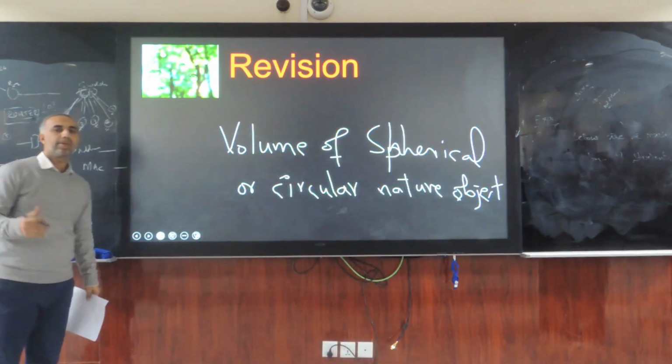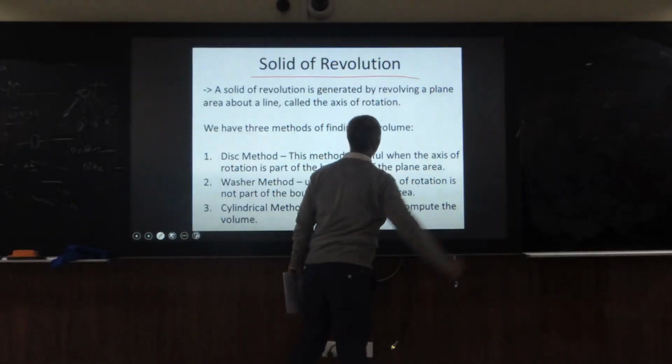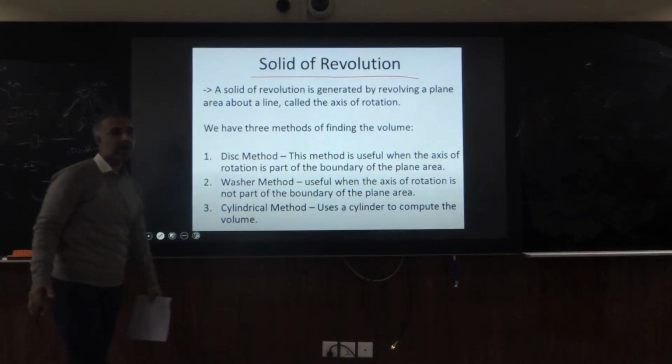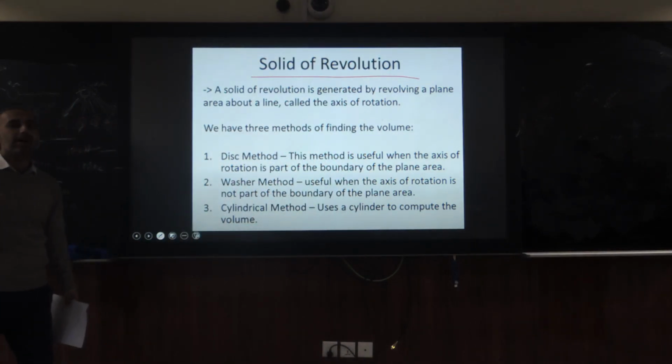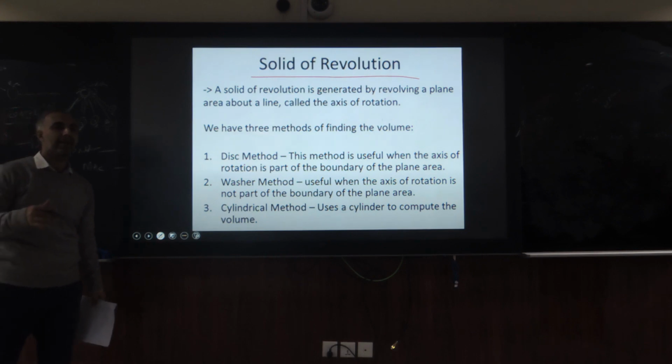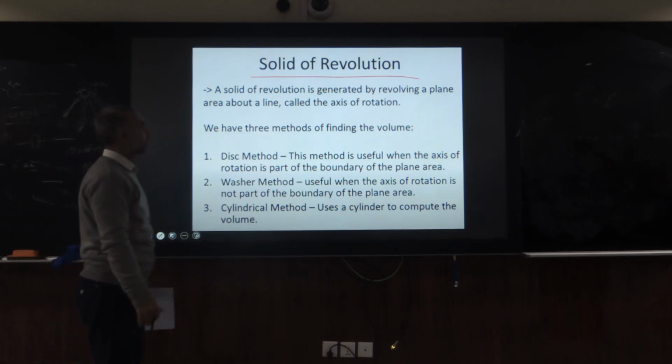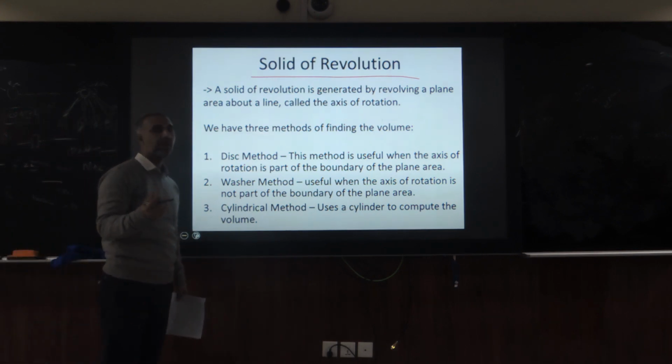There are few methods. Revolution, because the solid object is revolving about the x-axis or y-axis, and we can get a three-dimensional measurement of it in terms of its volume.